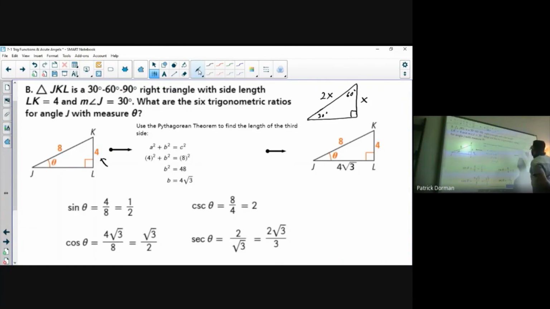I'm almost okay. And then you can figure out your remaining side. And then this would be unknown. But we know that that's how they got 8.